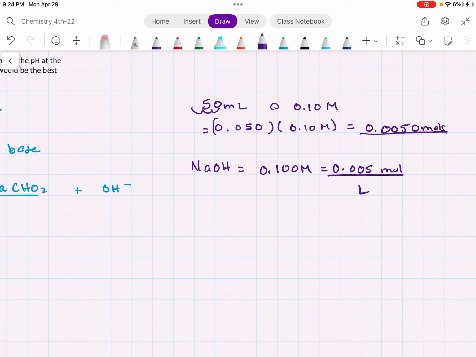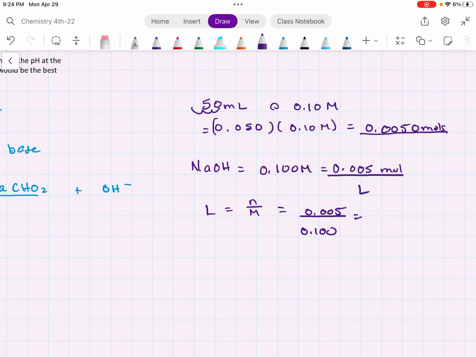So remember that to find the liters, you take the amount of moles and you divide it by the molarity. So in this case, it's going to be 0.005 divided by 0.100.